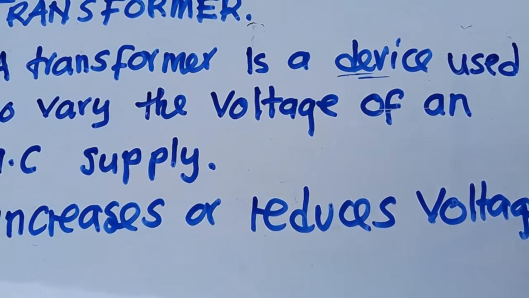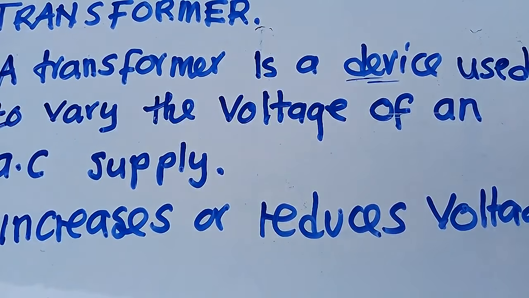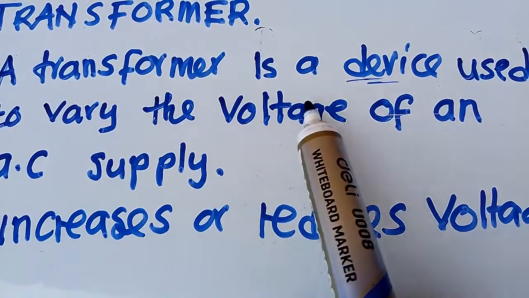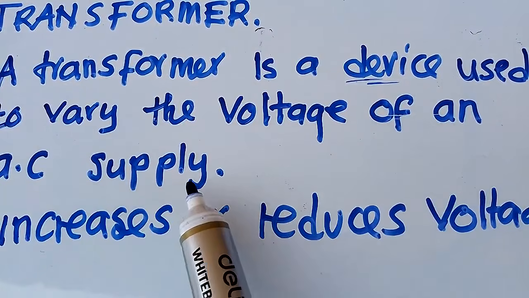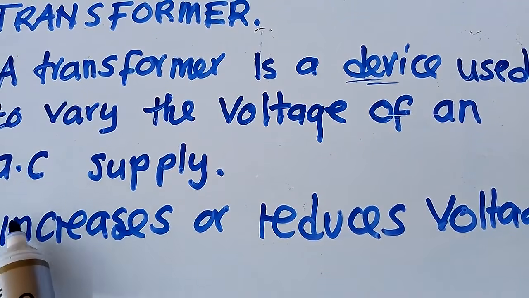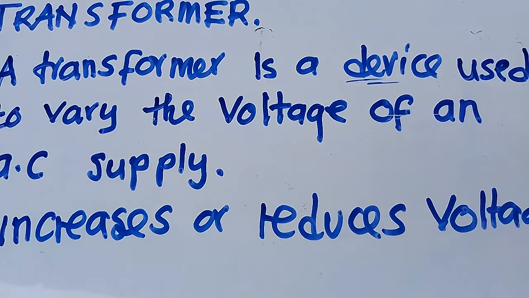Each time we are talking about a transformer, we are talking about a device that will increase or reduce voltage. That's why I said that a transformer is a device used to vary the voltage of an AC supply. AC supply, you know, is an alternating current supply. So a transformer will increase or reduce the voltage.